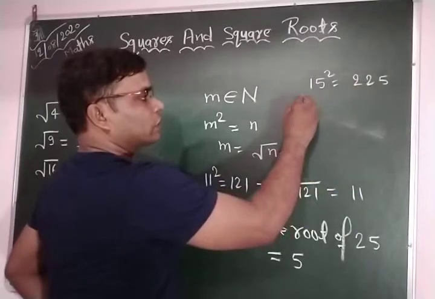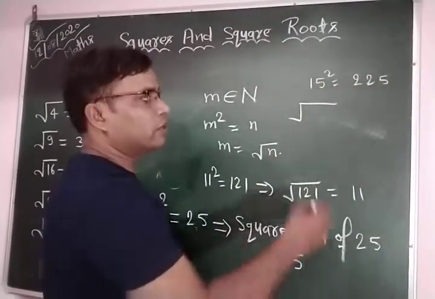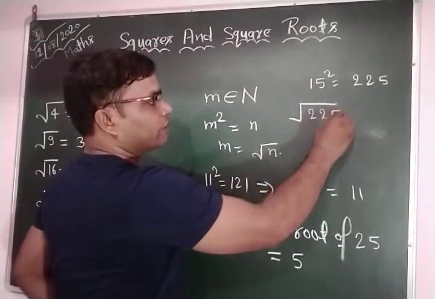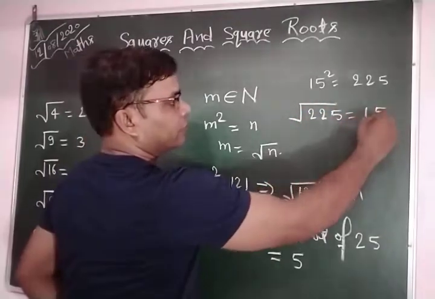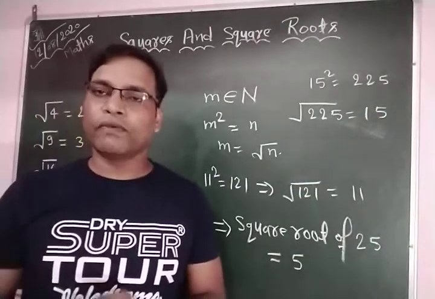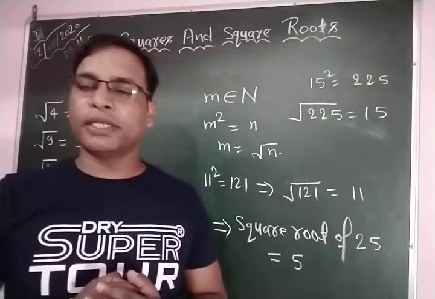So what is the square root of 225? It is equal to 15. Okay, so we are going to discuss how to find square roots by the repeated subtraction method.